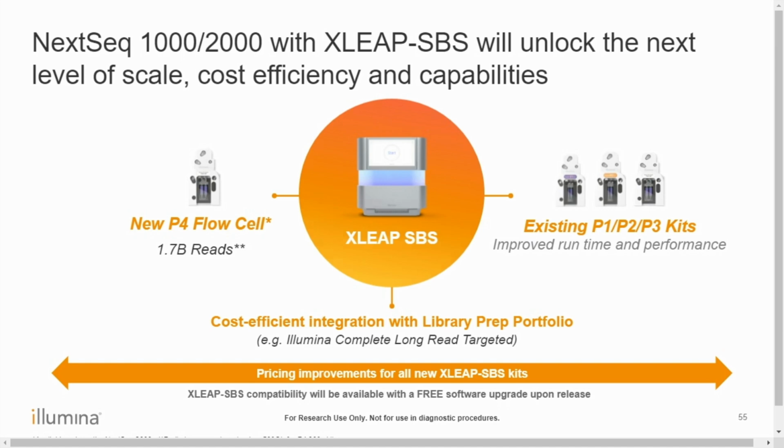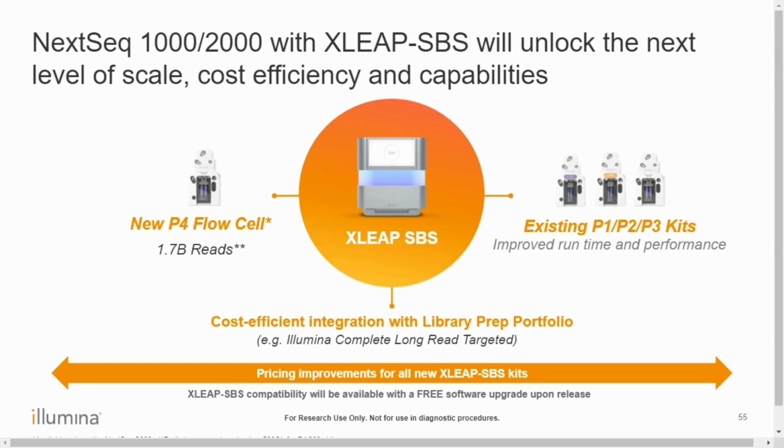Finally, it's our intention to make these improvements available for all NextSeq 1000 and 2000 owners without any sort of purchase or priced upgrade, so XLEAP will be enabled with a free software upgrade to the system upon release.